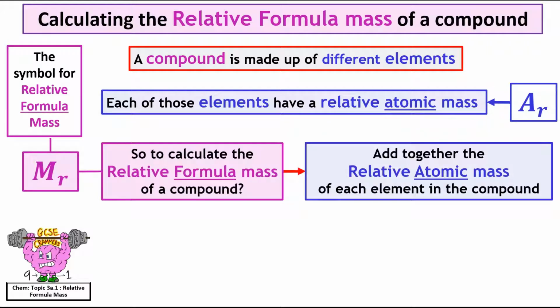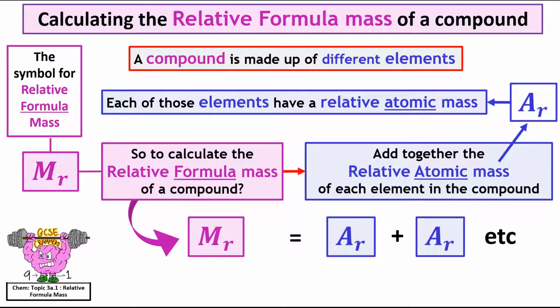You add together the relative atomic mass of each element in the compound, the AR of each element. The formula for finding the relative formula mass looks like this: MR equals AR plus AR, etc., depending on how many elements make up the compound.